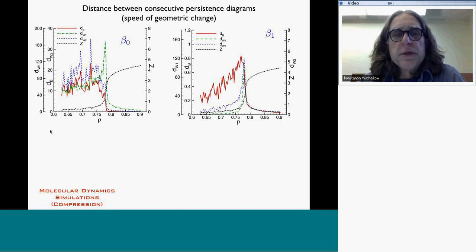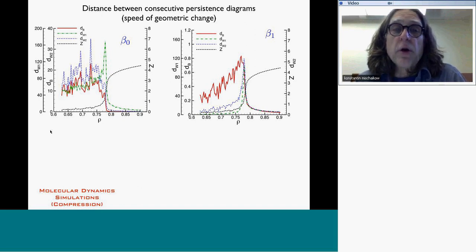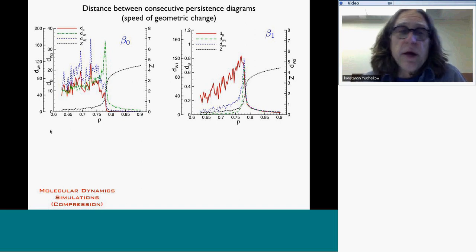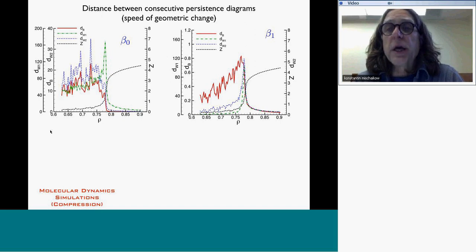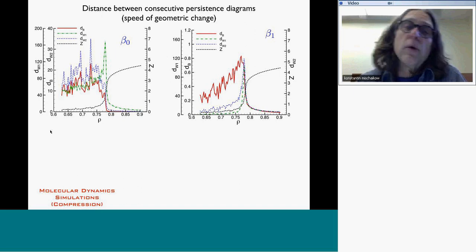And that's why it's not so surprising to see that it's fairly spiky in terms of the distances between the persistence diagrams when you have low contacts, when you have low Z. When the particles are not touching a lot of other particles, they have room to fly around in this box. And whenever you have collisions, you would expect the forces between the particles to go up, and that means a change in the geometry of this force landscape, and so things bounce around.